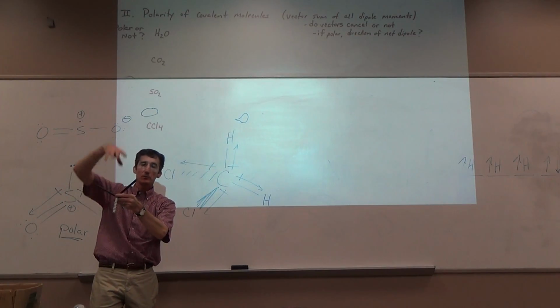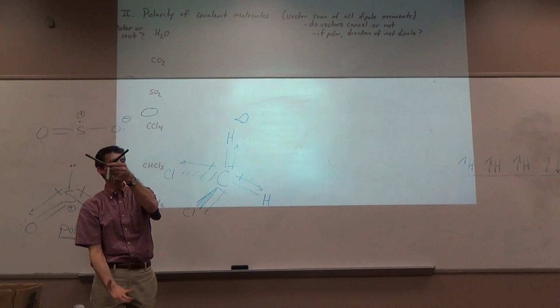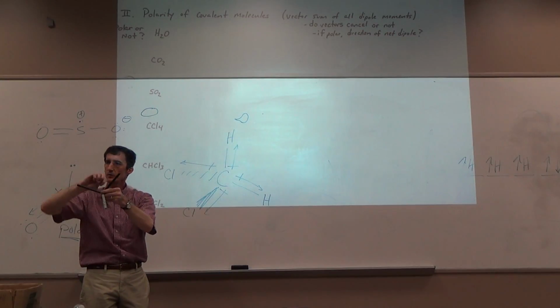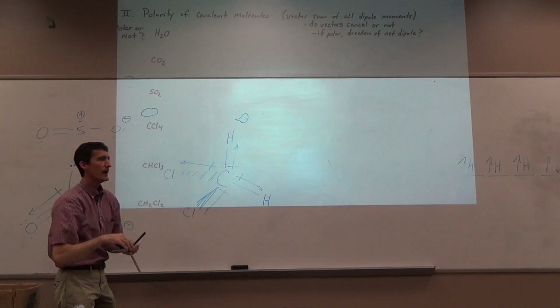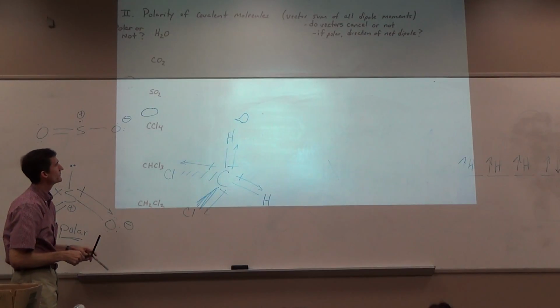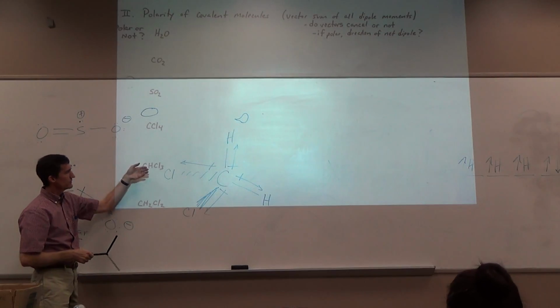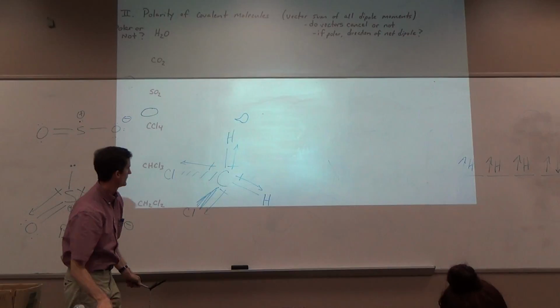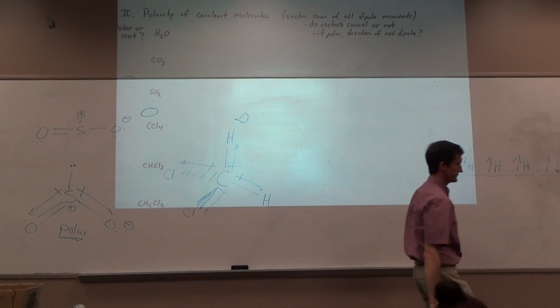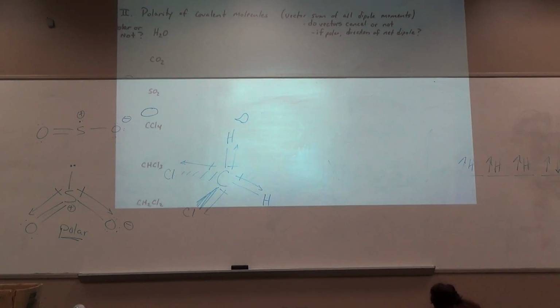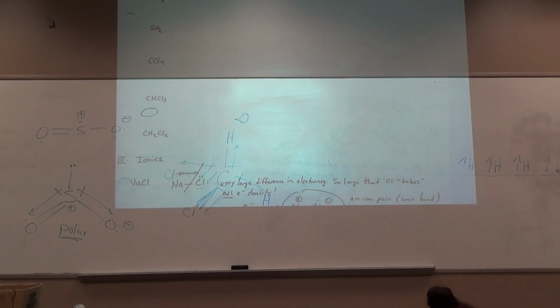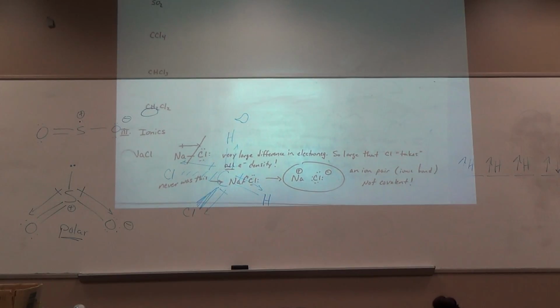For a net dipole straight up, there's nothing coming down to cancel that. So there's going to be a dipole going up. It's going to be a polar molecule. Nonpolar, polar, polar. That was the last one.